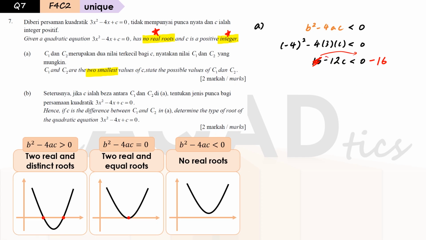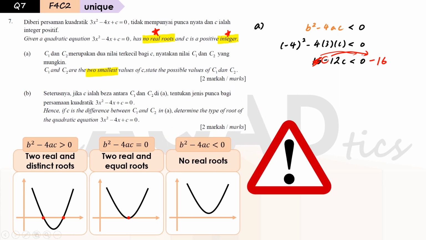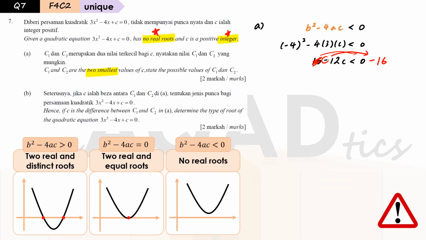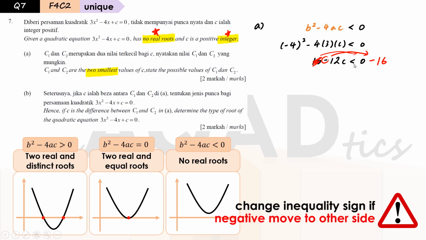And this negative, we can also move it to the right side. Take note, a lot of students will make this mistake: when they move the negative to the right side, especially for inequalities, they forget to change the sign. For any negative which is moved to the right side, we need to change the sign. So from less than, we change to greater than.